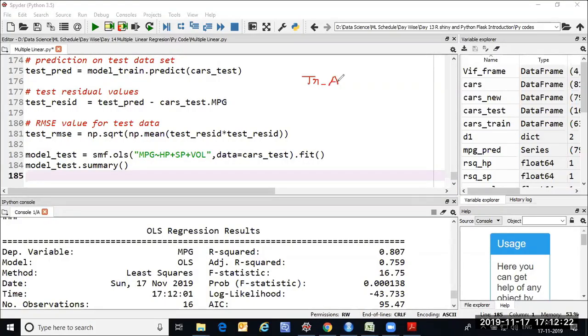So, training accuracy, or let's say, just a second. These are accuracies. These are the RMSE values. This is training data, and this is test data.